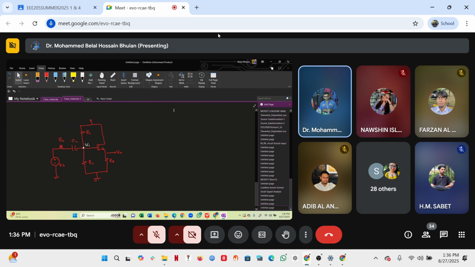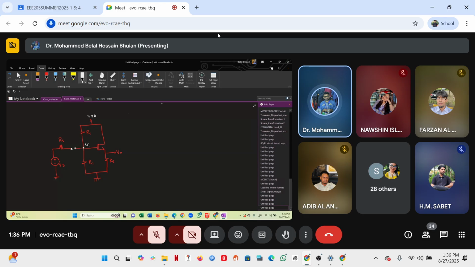We have VDD. Open the capacitor, that will do. To a DC signal, the capacitor is open. So then we have only this circuit. If we solve it, we have to assume that the MOSFET is in fact operating in the saturation region.